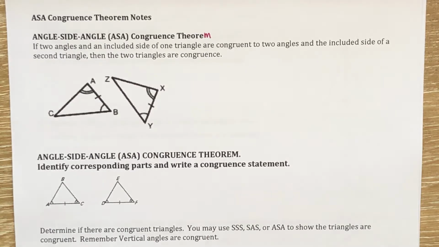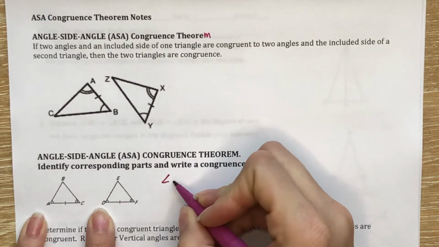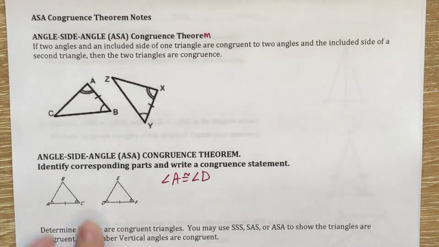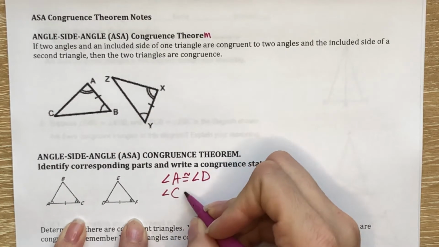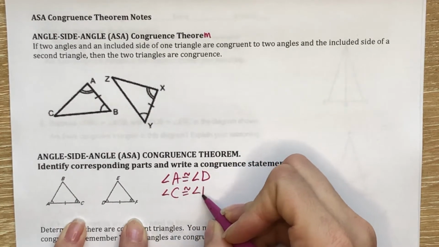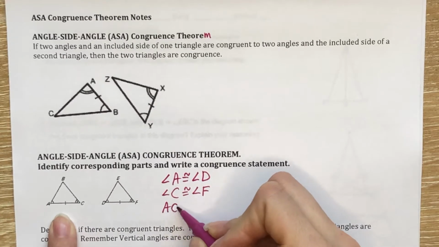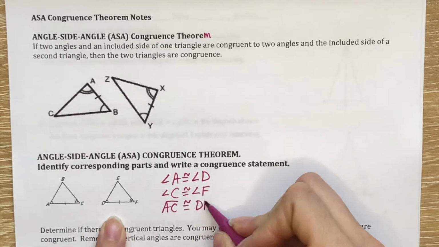Let's take a look. Identify corresponding parts and write a congruent statement. Let's just focus on the things that we know are congruent. We have A and D, so angle A is congruent to angle D. Angle C is congruent to angle F. And we have line segment AC, this side, congruent to DF, this side.